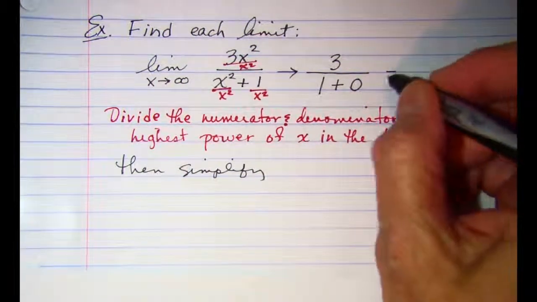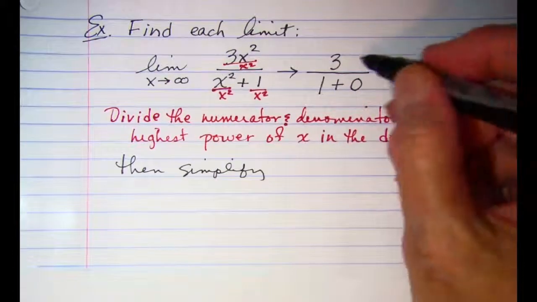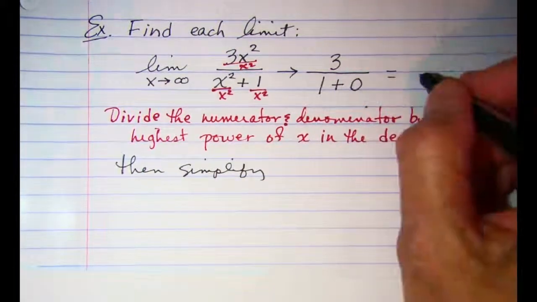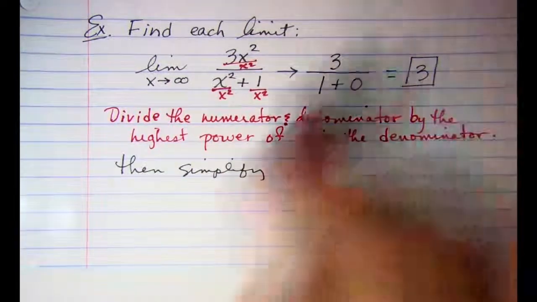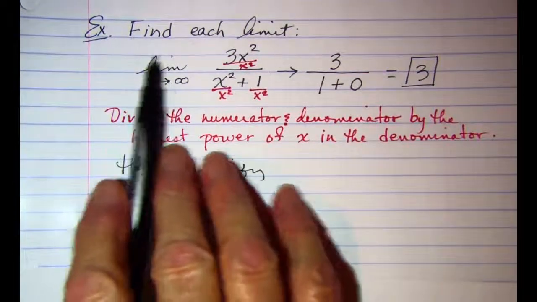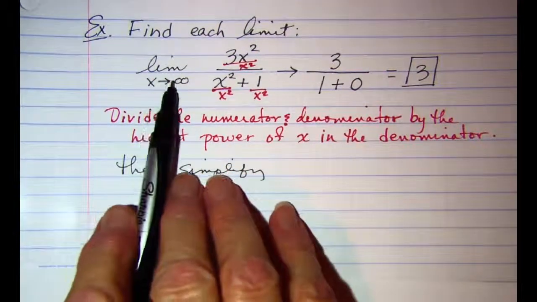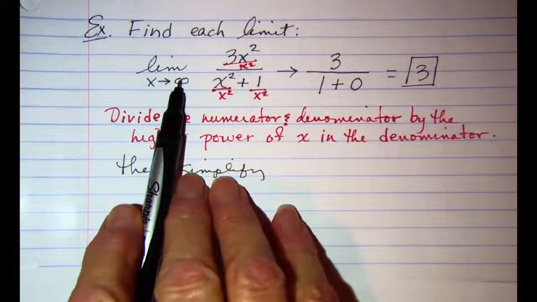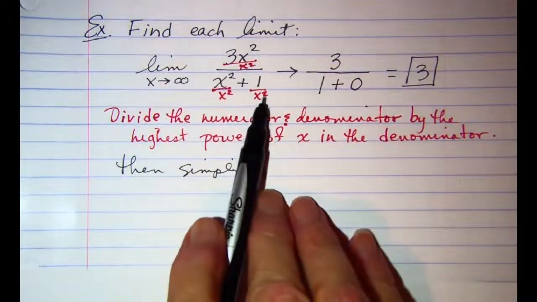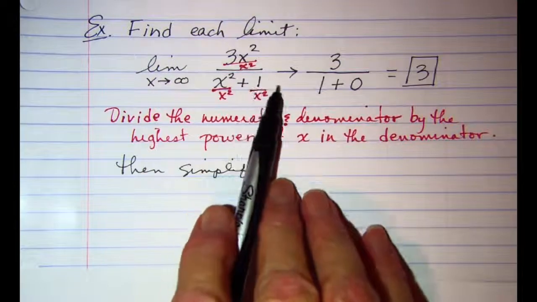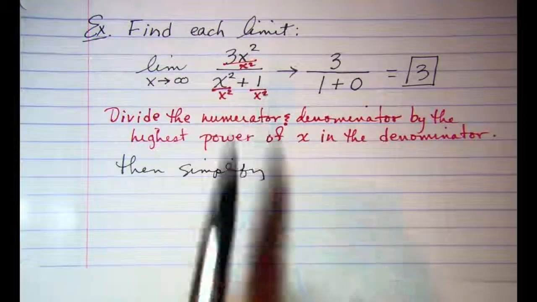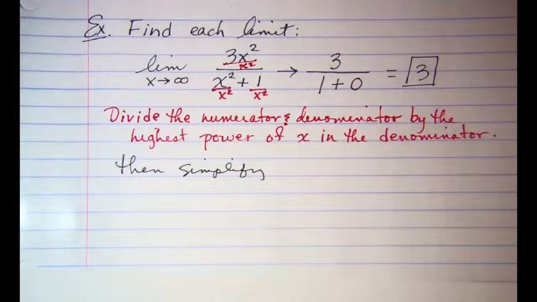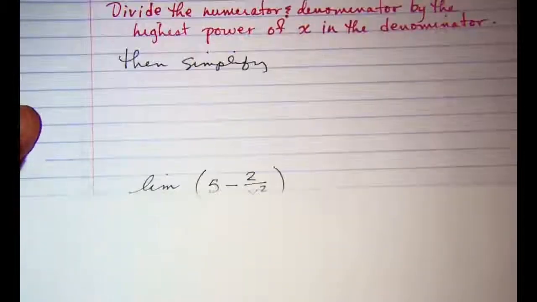So if we do the math, we get a limit of 3 divided by 1, which is 3. So remember that the whole key is the limit as x approaches infinity. As x gets bigger and bigger and bigger, this expression approaches 0. And that's the whole key for simplifying this type of problem. Let's do another one.